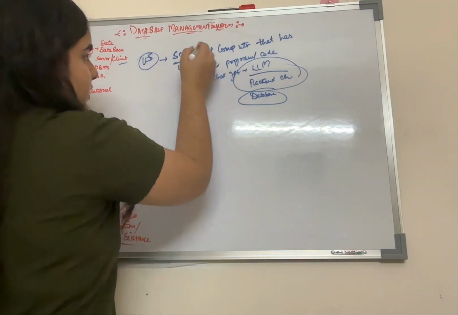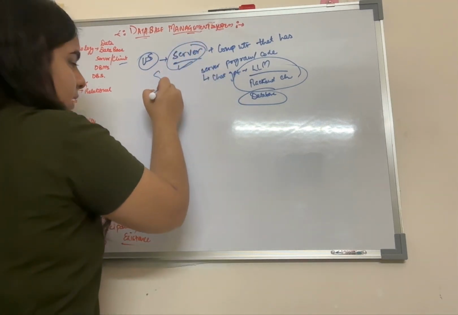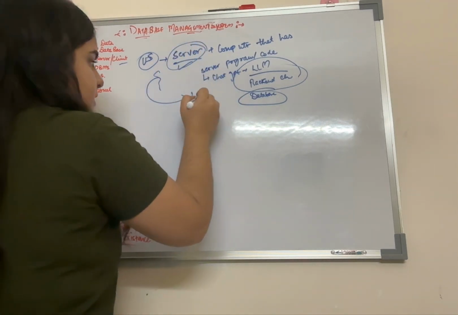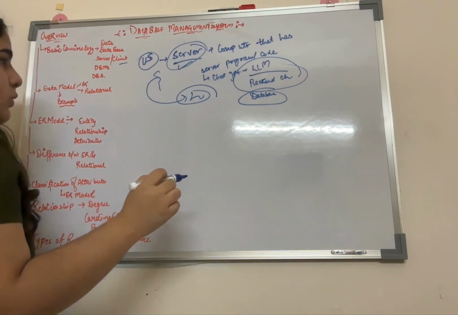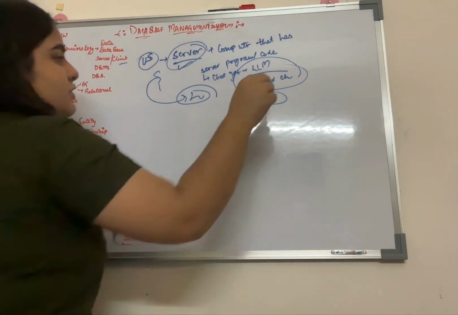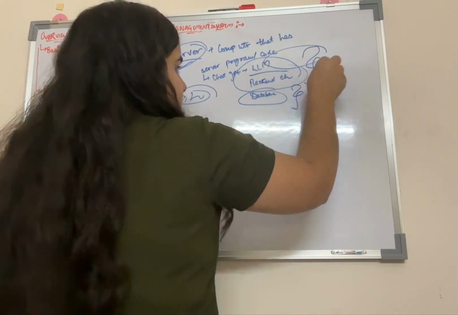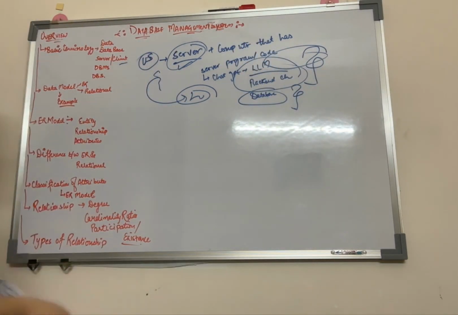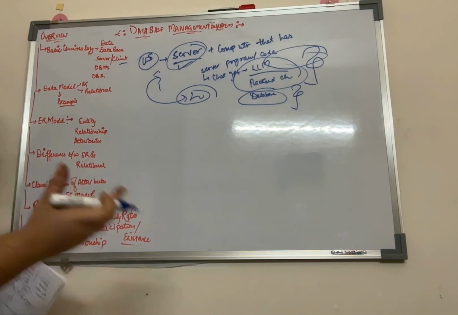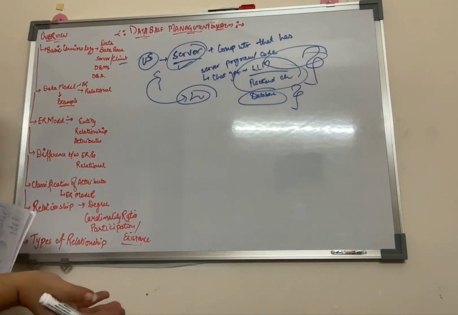Then what the server program will do is, it will go to the hard disk and ask for the data. So the server stores the data and also the programs or models that are needed in order to respond to the request given by the client.